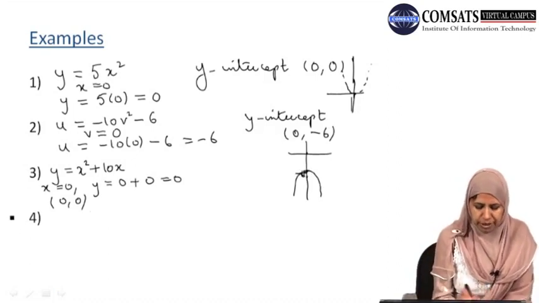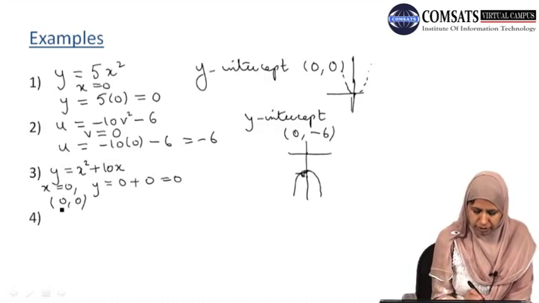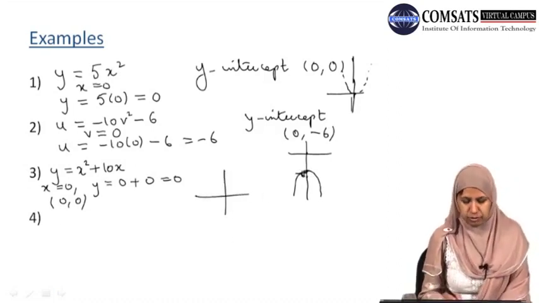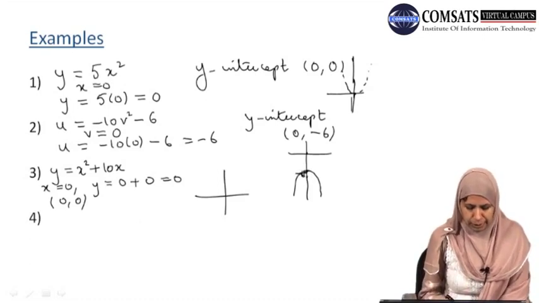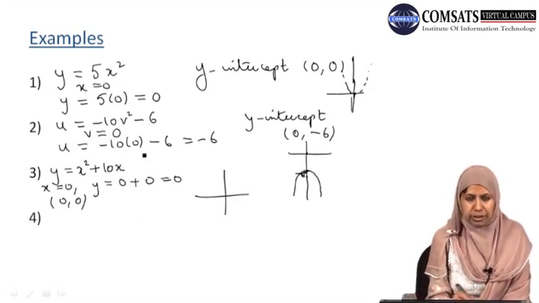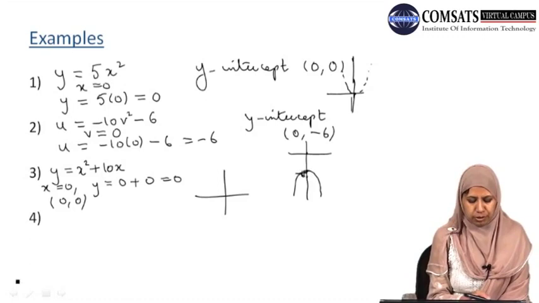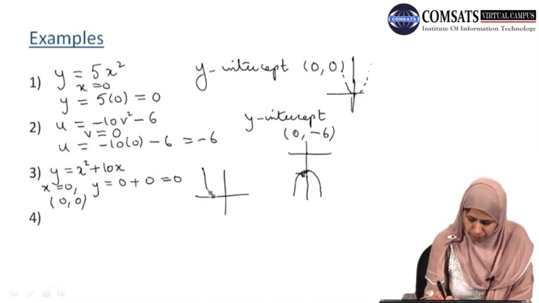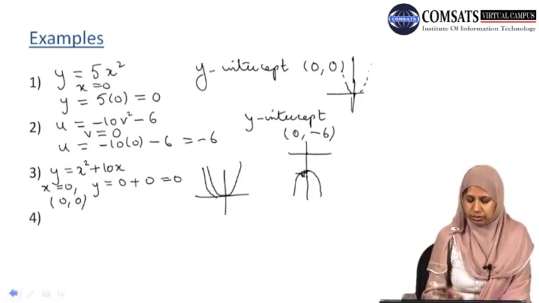So the y-intercept in this case is x is 0 and y is 0. That is, again the graph passes through the origin, and what will be the graph? Will it be concave up or down? Here a is 1, which is positive. It will be concave up, and it will be somewhat like this.